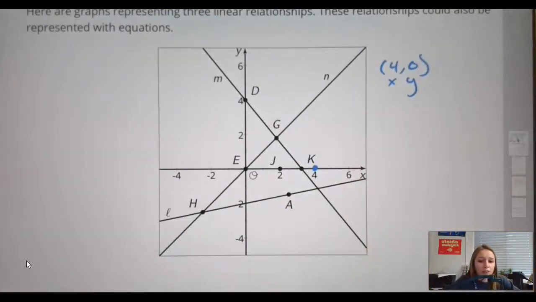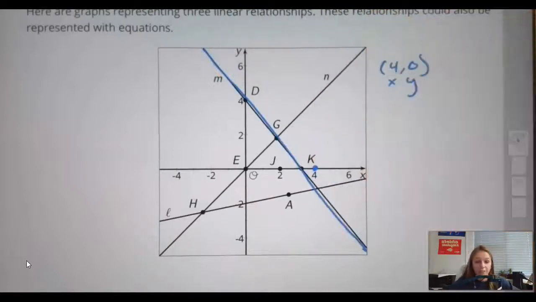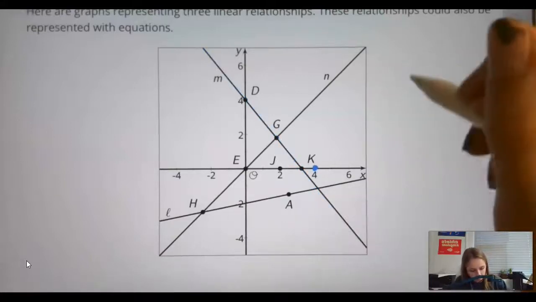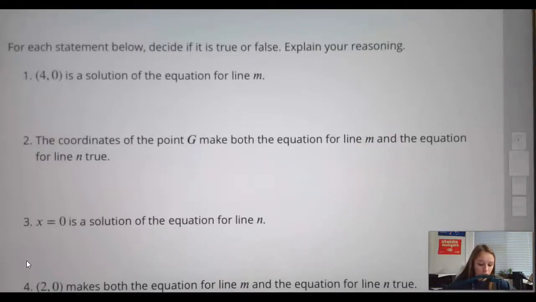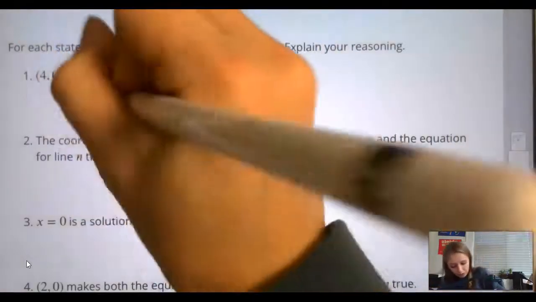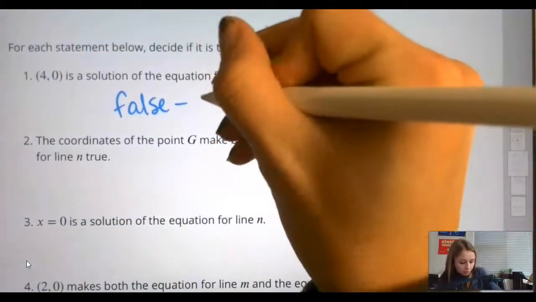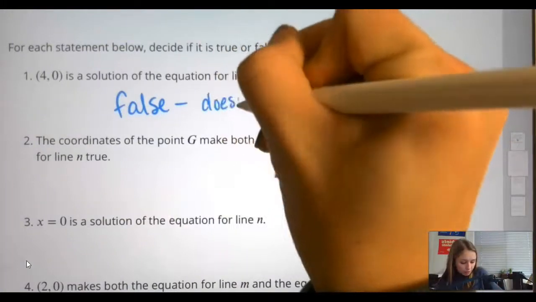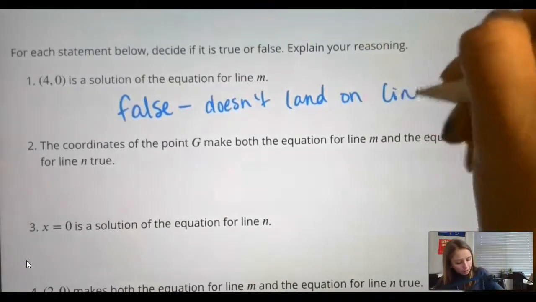So that is my point. Now if I look at line M here, does that go through the point I just plotted? No. So is it a solution? No. This would be false, and that's because it doesn't land on line M.